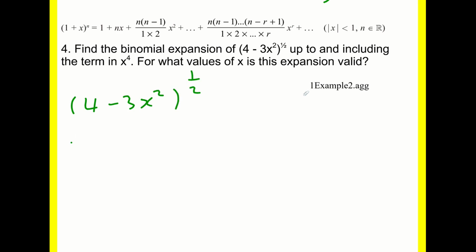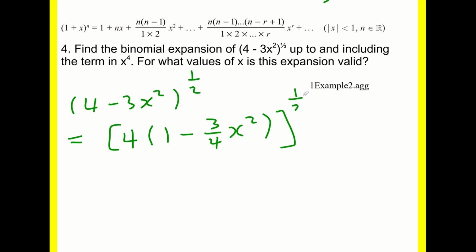And in this case, I'm going to again take out a factor of 4. So it's going to be 4, 1 minus, and in this case, I'm going to get a fraction, 3 over 4. It's not like when you learn to factorize at GCSE and you have to take out something that goes into both. We're moving factorization on, and we've got a fraction here, but it's okay because it serves our purpose.